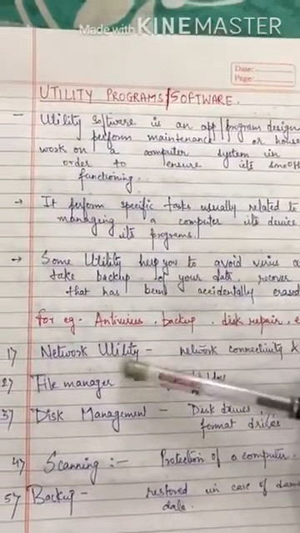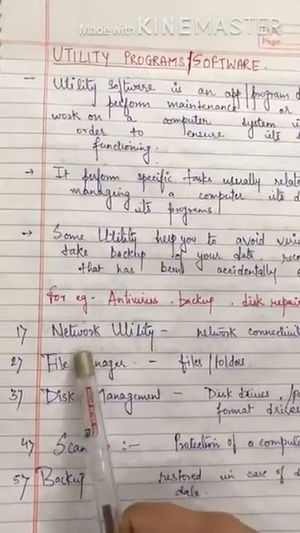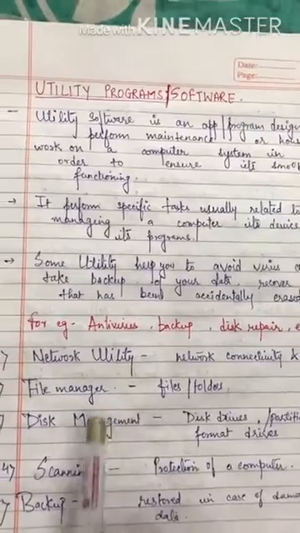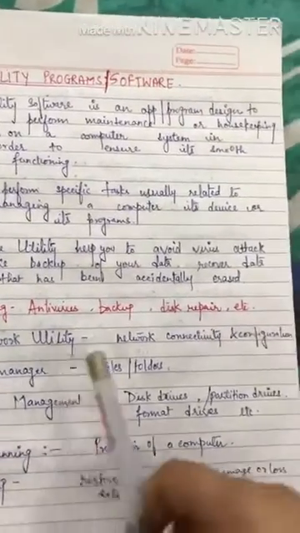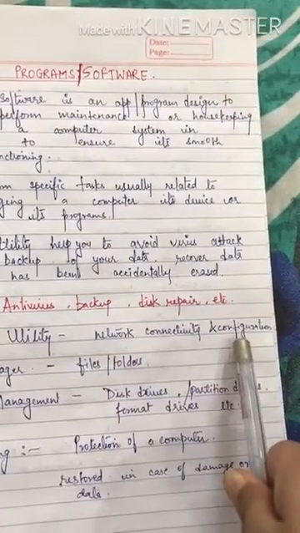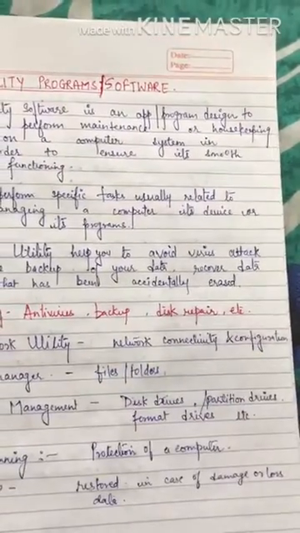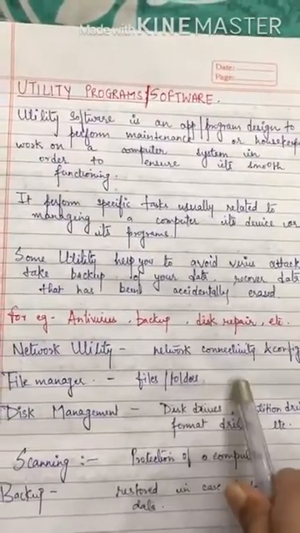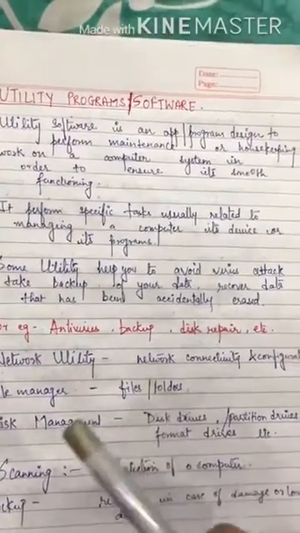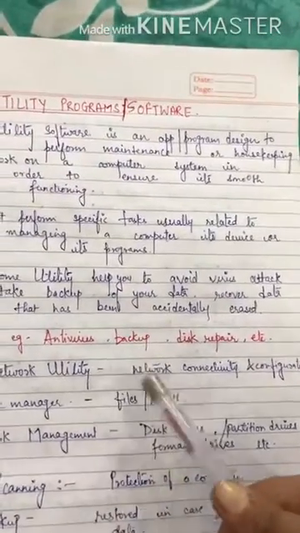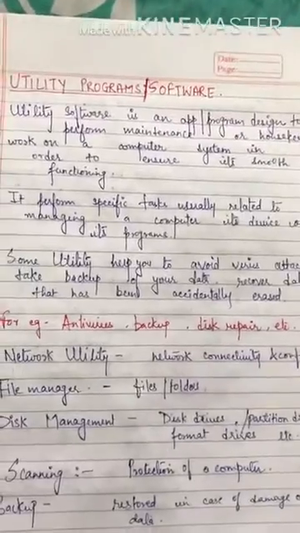Let us start with the first, that is network utility. What is network utility? Network utility checks the network connectivity and configuration of the network devices. It also examines the network speed and performance, monitors network traffic from the console, and tracks the bandwidth usage.